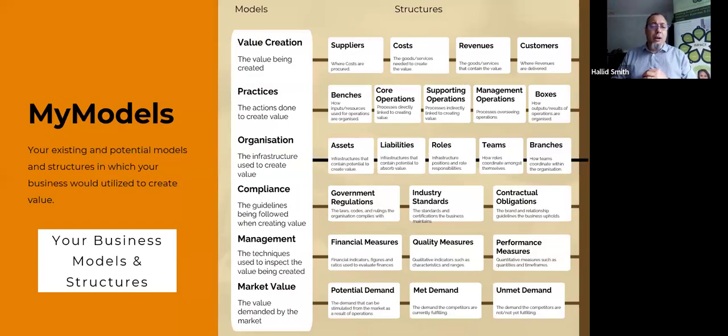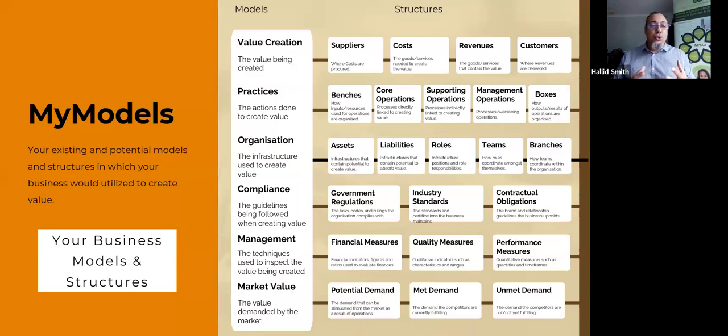So if you look at the Myhouse models, don't stress when you see all the information. I'm not going to go through all of this. The reason why I'm showing you this is to understand that your business consists of quite a lot of structure.